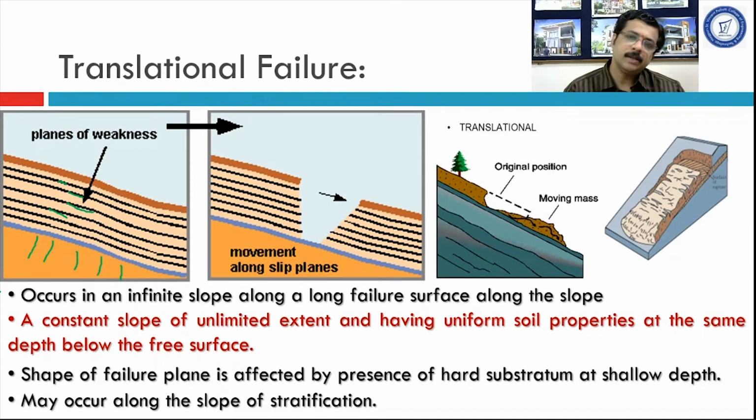Like hills, they are considered infinite slopes, but in case of a canal, the slope is considered a finite slope because it is of limited length. So it's a relative term. Here in the red font you can see the definition. What is the speciality or property of an infinite slope?